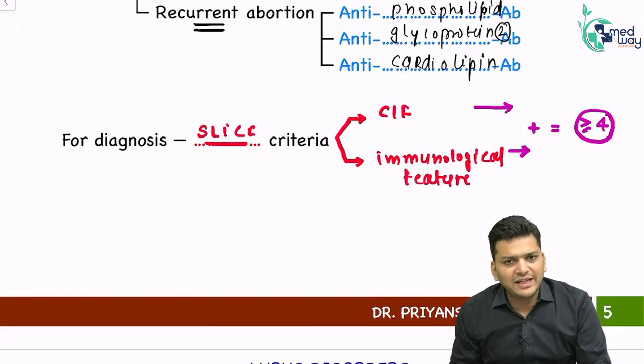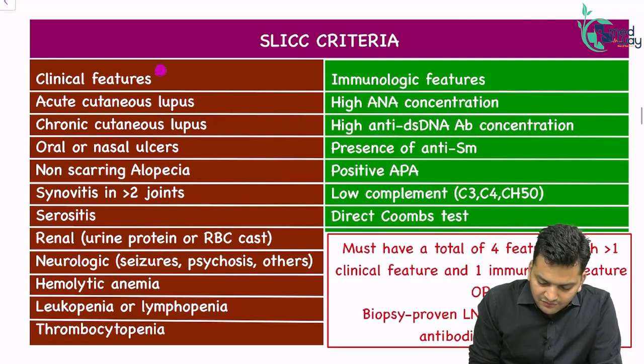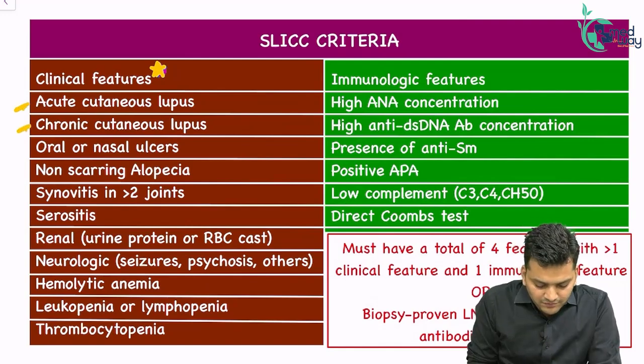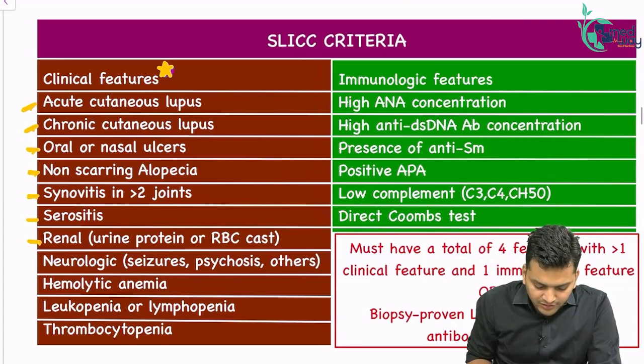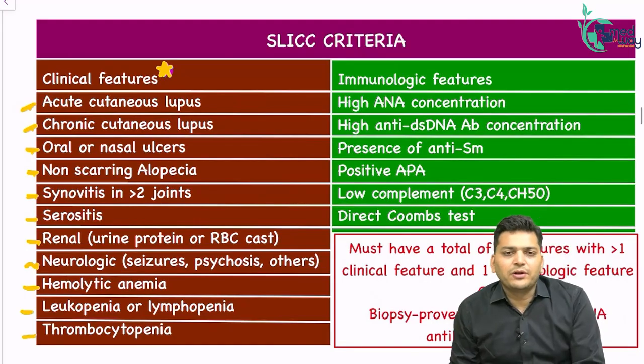So what are the various clinical features that we have? In SLE, the clinical features are: acute cutaneous lupus, chronic cutaneous lupus, ulcers, alopecia, synovitis, serositis, renal involvement, neurological involvement, hemolytic anemia, leukopenia, thrombocytopenia.